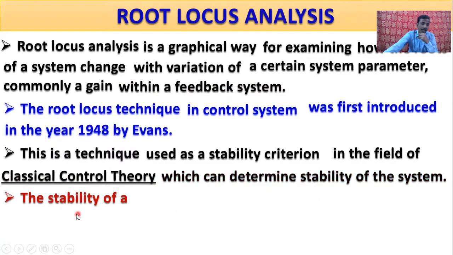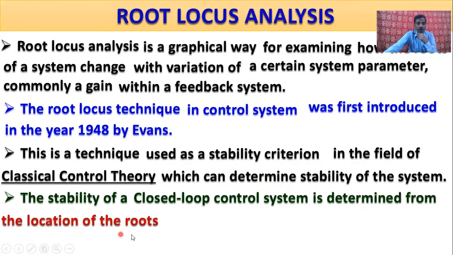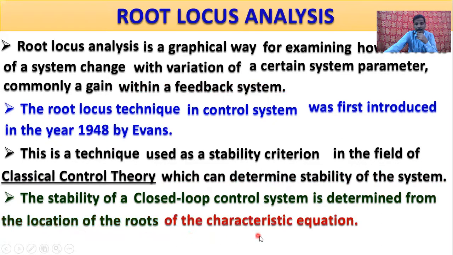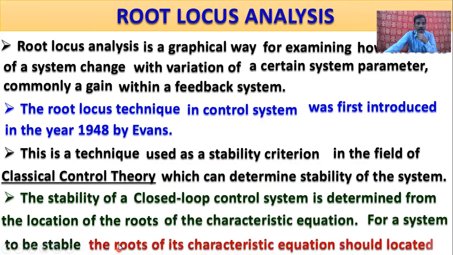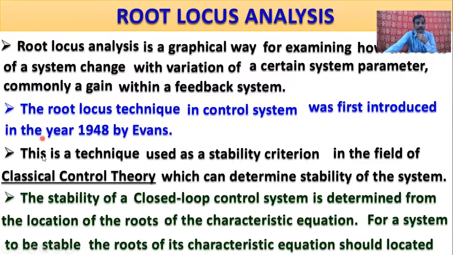Another point, the stability of a closed loop control system is determined from the location of the roots of the characteristic equation. For a system to be stable, the roots of the characteristic equation should be located in the left-hand side. This last point is very important.